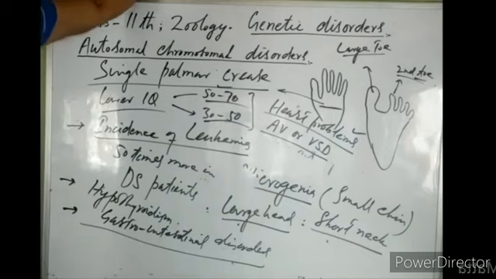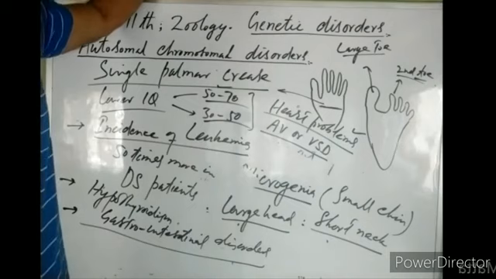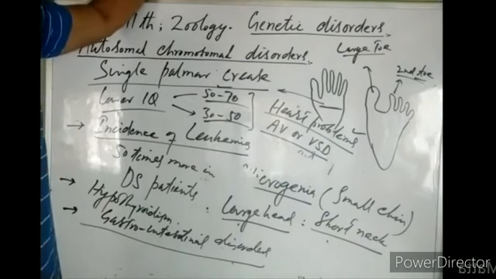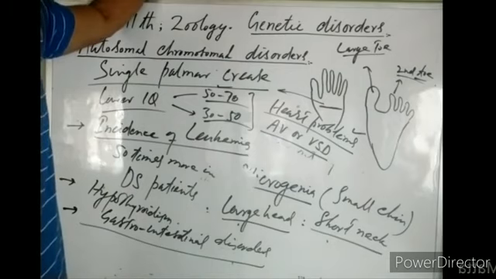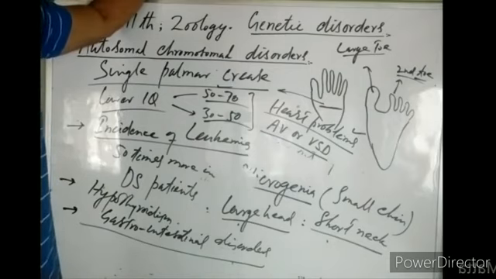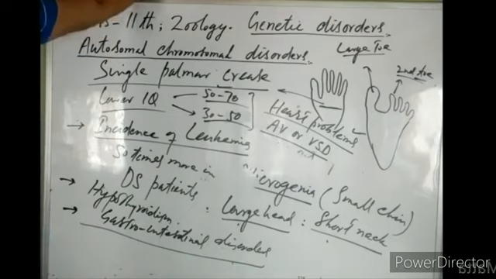Similarly, females also have a problem. Female Down syndrome patients have problems in their fertility. They may show menstrual irregularity, ovarian irregularity, and premature labor, right? So they mostly become infertile. So these are the complications associated with Down syndrome.